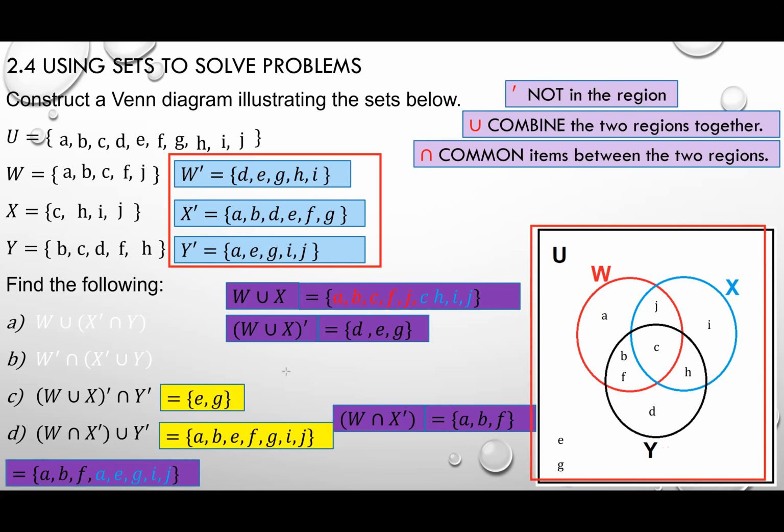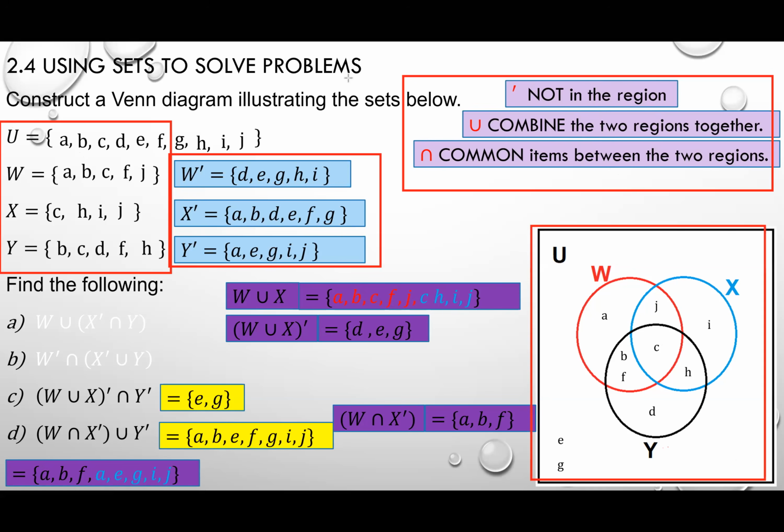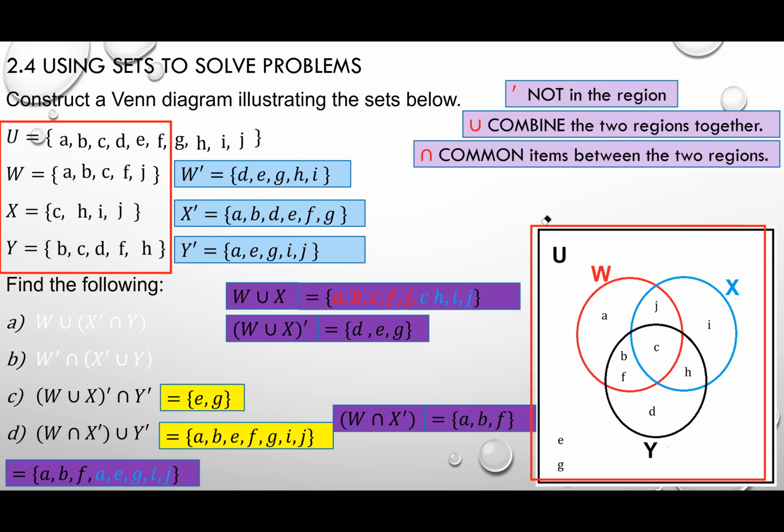Remember, your problem is only in black ink right here. This item was not even there. This item is not on your problem either. I just put it here so that we have a reference of it. This 3rd item is not there, right? The only thing they give you is this item, and they will either ask you to construct the Venn diagram, which we did last time, or they will give you this and ask you to find this item here.